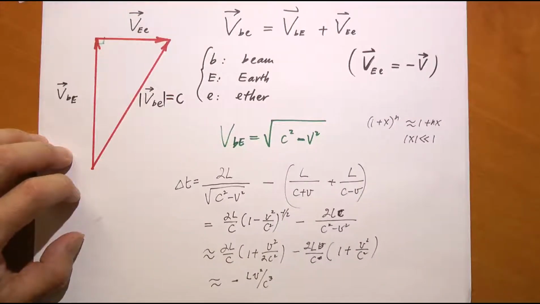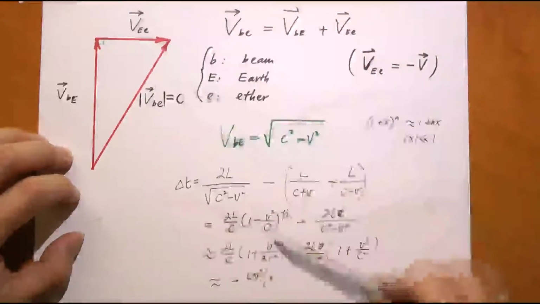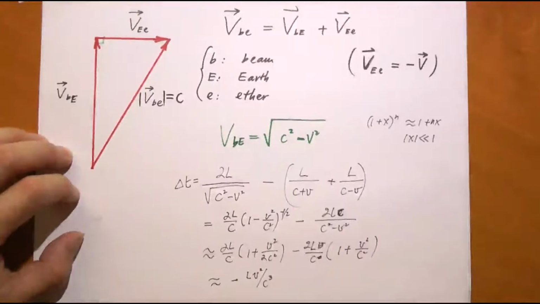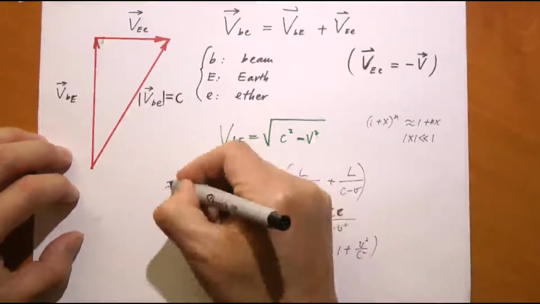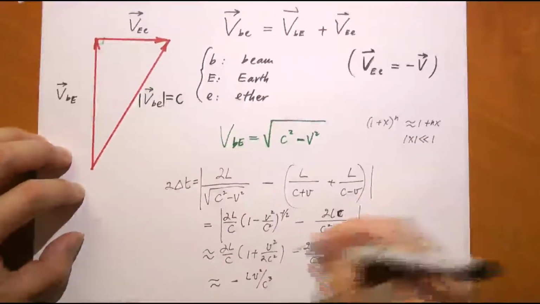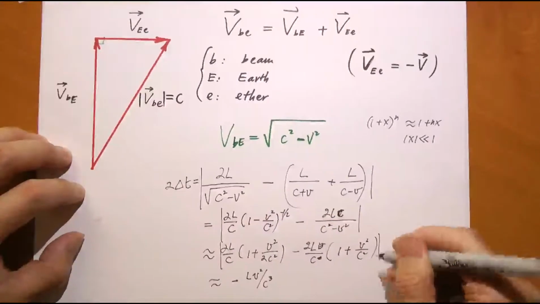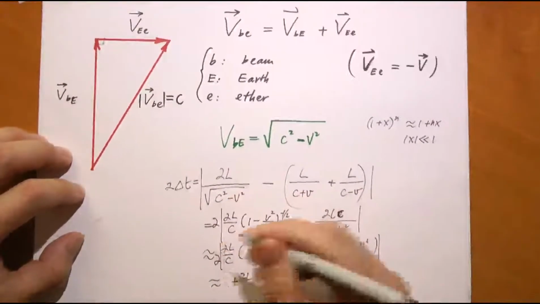So the total time difference for the two beams to arrive with or without the rotation will be twice as much. Agreed? Twice as much. So we look at a total difference. I'm going to take the absolute value because it doesn't really matter which beam arrives first or second. So there's a 2 here, there's a 2 here.